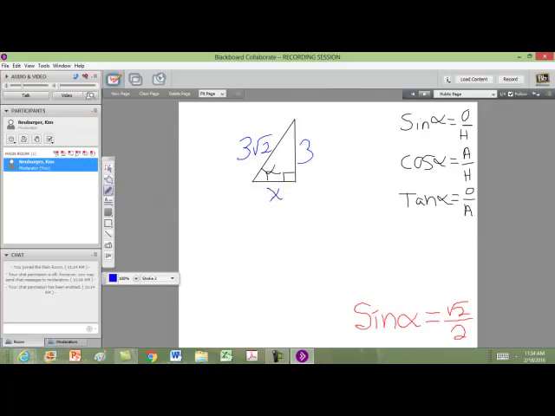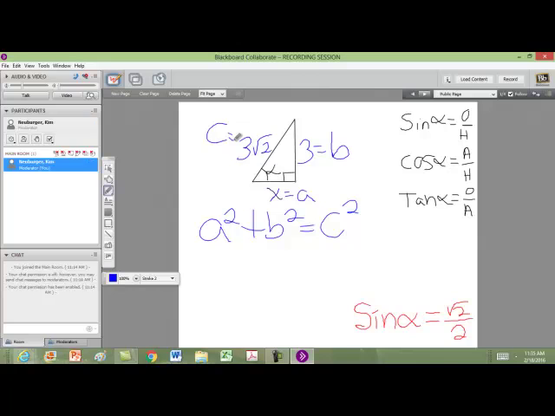Pythagorean theorem says that if you square the legs of a triangle and add them together, then they will equal the hypotenuse squared. Many of you may notice it as a squared plus b squared equals c squared. C is always our hypotenuse, and A and B are the two legs.